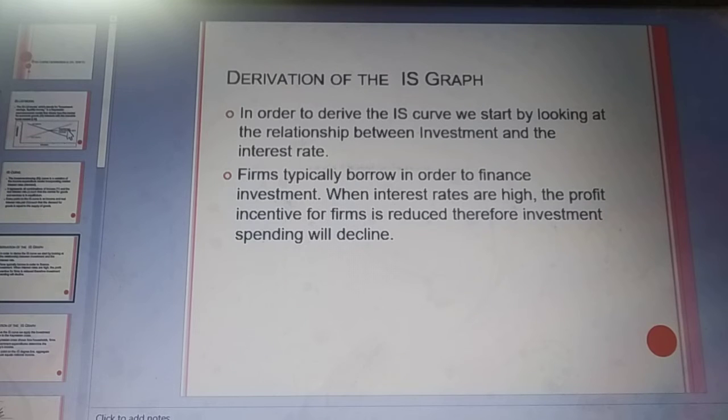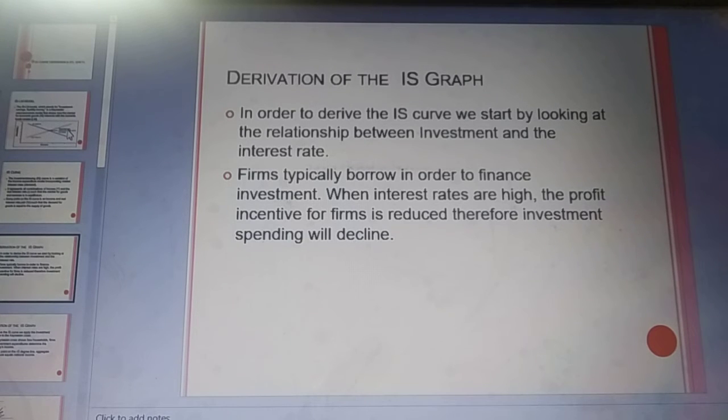So it will act as a cost for the companies. Therefore, the companies will be reluctant to invest more money or spend more money in the market. That is the reason that when interest rates increase, automatically the investment and spending in the market will decline.